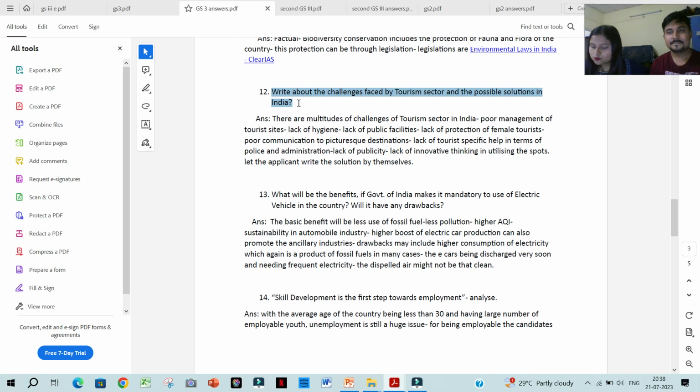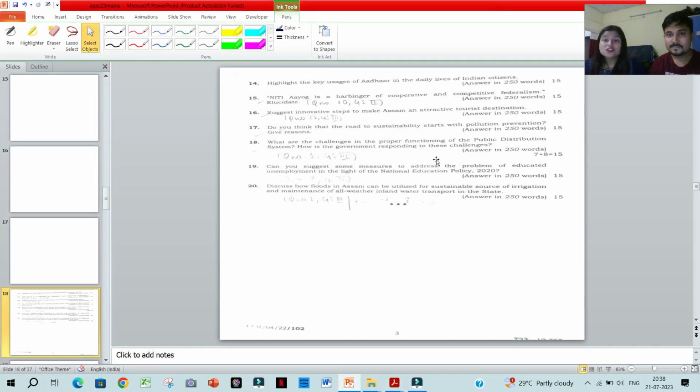Among our questions, I'm very impressed by this question as well: suggest innovative steps to make Assam an attractive tourist destination. We will not give the answer to this question. I will ask the audience who have appeared for the mains paper to write down whatever they have written in the comment section.